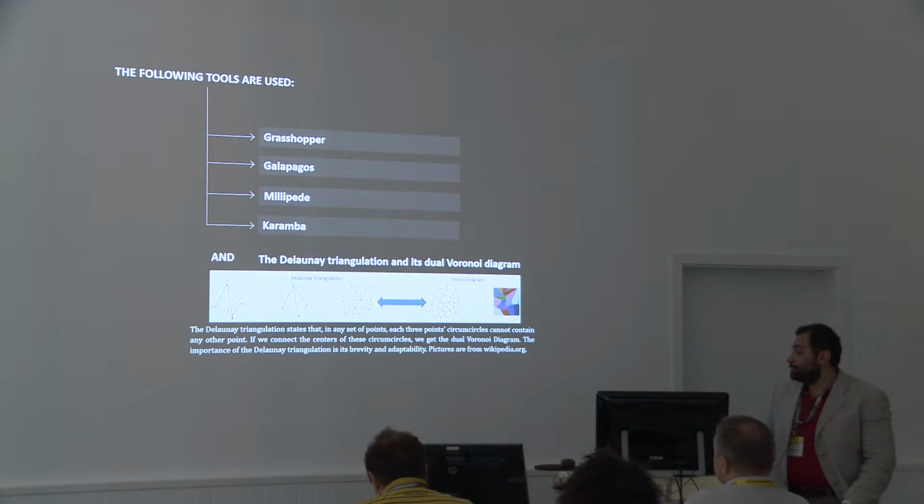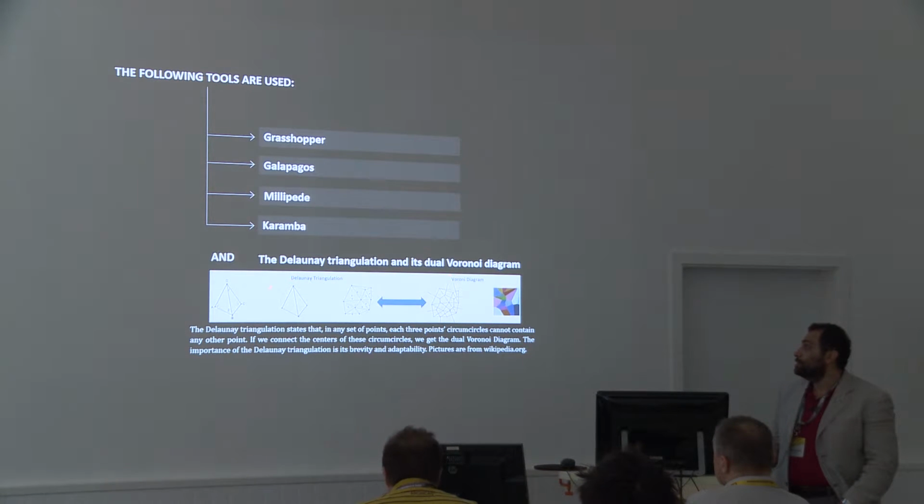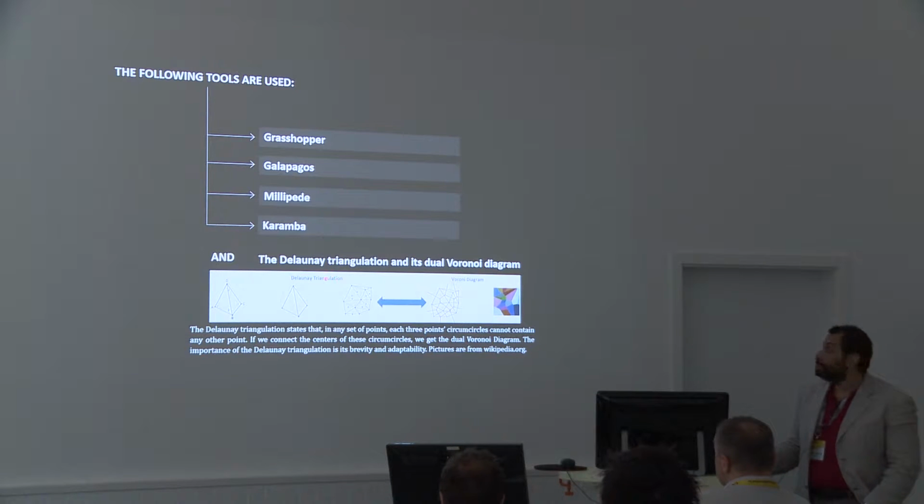We will jump to a simple introduction to what we mean by Delaunay triangulation and its dual Voronoi diagram. In 2D, if we have a circle that contains 3 points of the triangulation, this circle cannot contain any other point for the Delaunay triangulation to proceed. The centers of these circles will produce the dual Voronoi diagram.